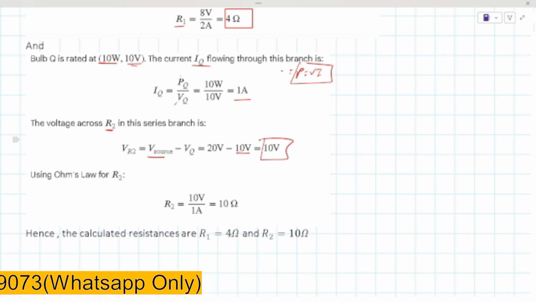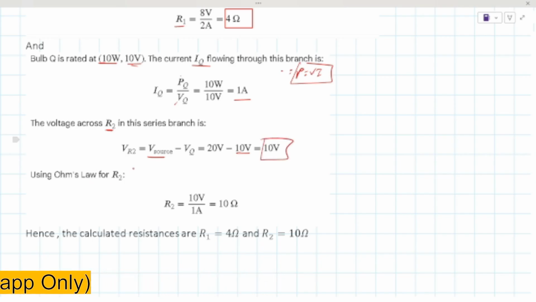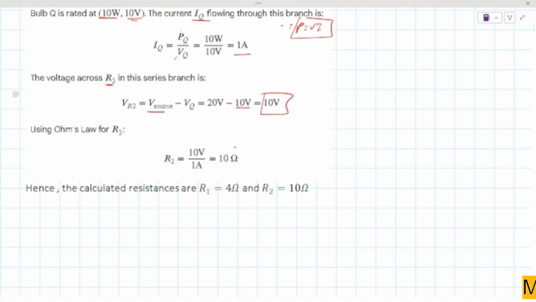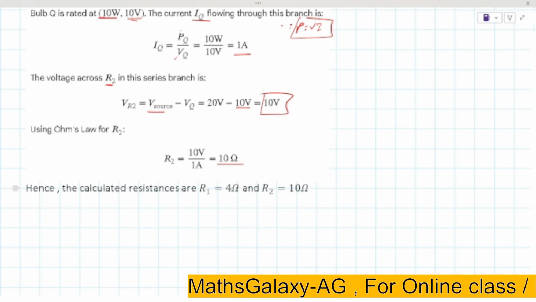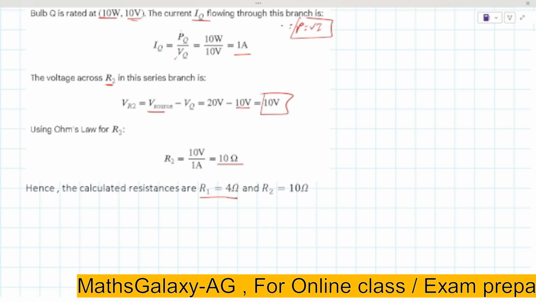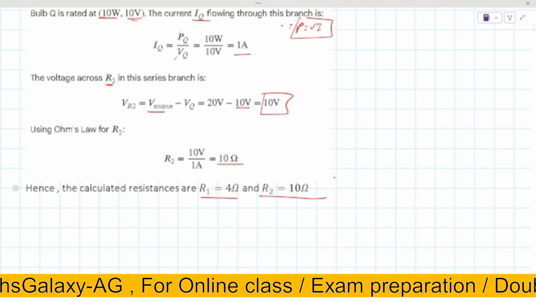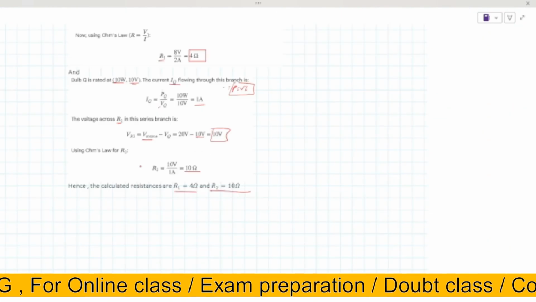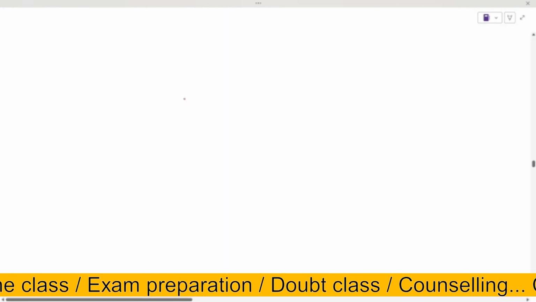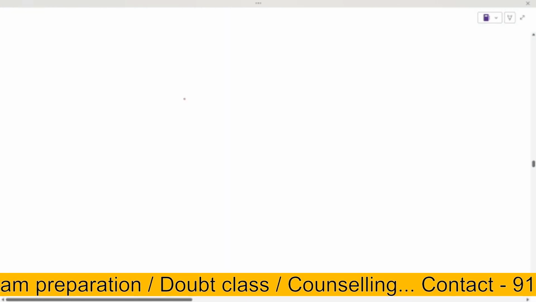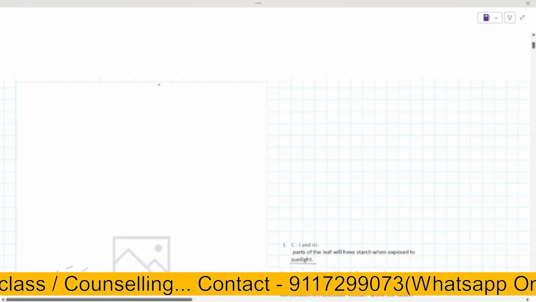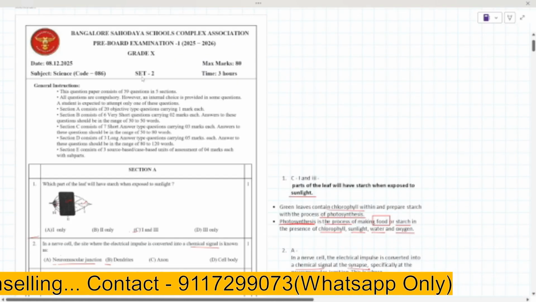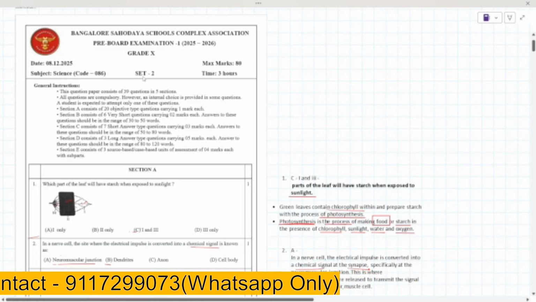Now again R equals V by I. So hence, as a conclusion, R1 with R2. This is the first set for the pre-board, na.